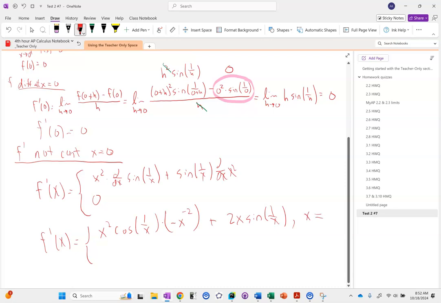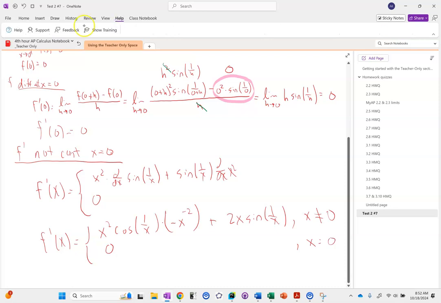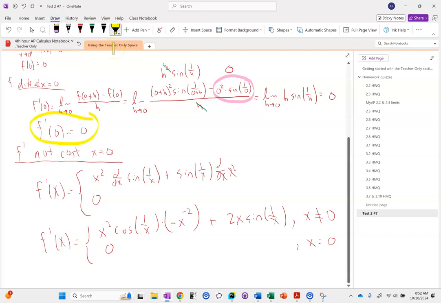And that's for x not equal to 0, and still 0 when x is equal to 0, because we showed right here that the derivative at 0 is equal to 0. So we can fill that in. Okay?